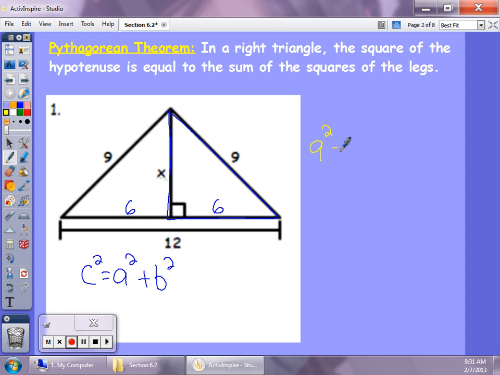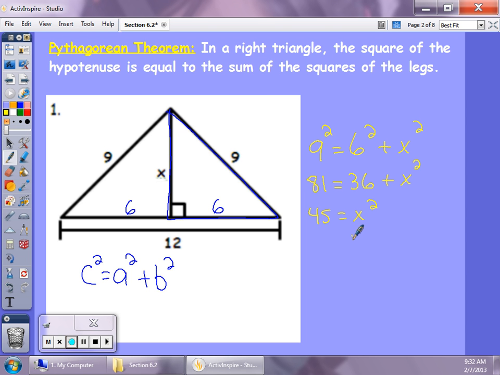9 squared equals 6 squared plus x squared. 9 squared is 81. 6 squared is 36 plus x squared. If we subtract 36 from 81, we have 45 equals x squared.